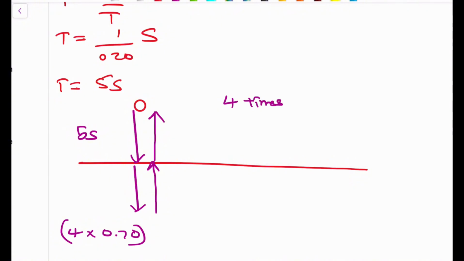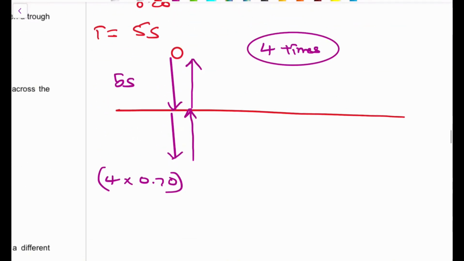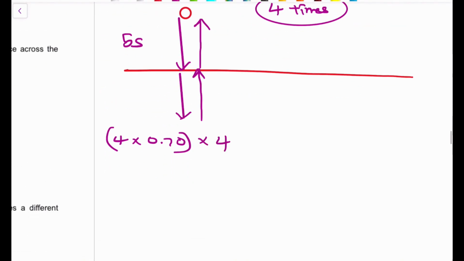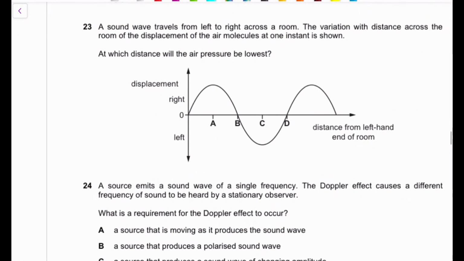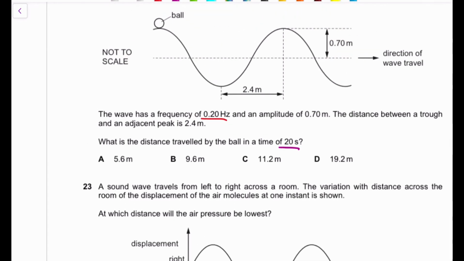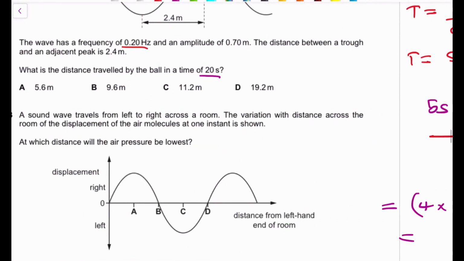So the displacement for 5 seconds is going to be multiplied by 4, and that gives me an answer of 11.2, which is C.